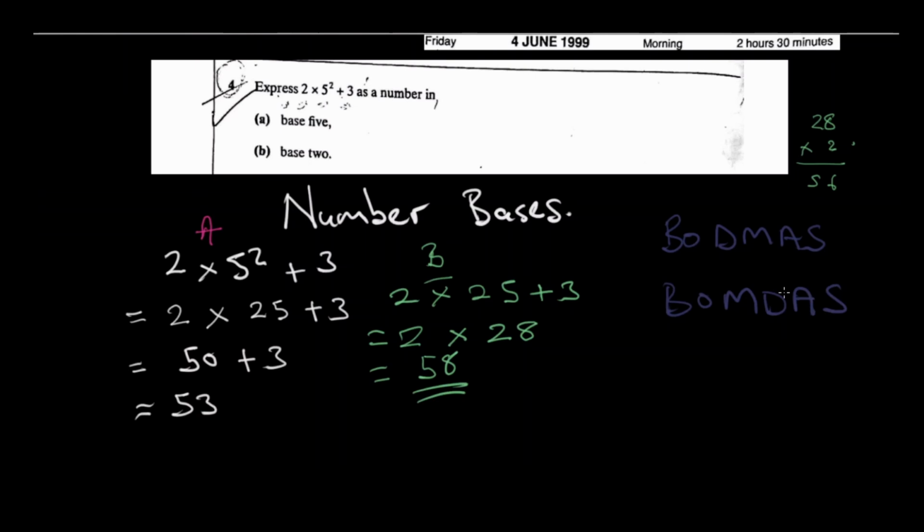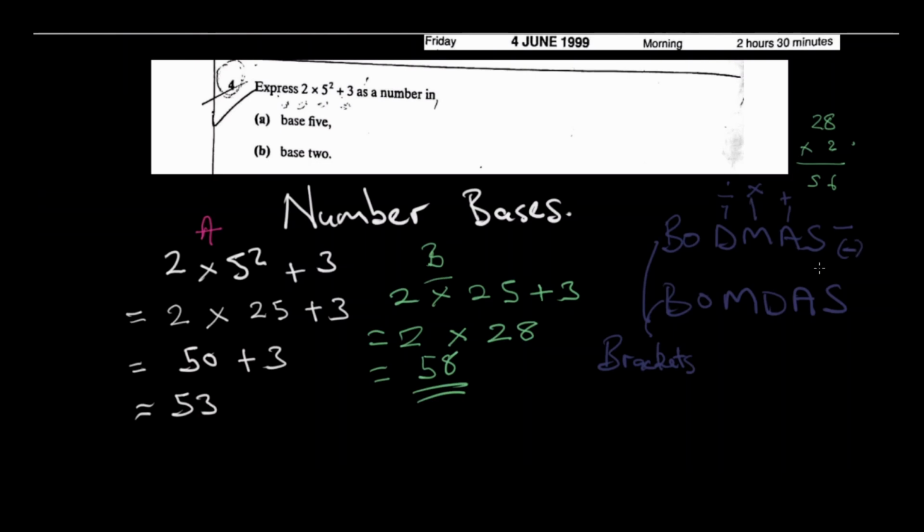Let me give a minor explanation of what these two mnemonics refer to. B refers to brackets, so always deal with brackets first. Then D is division, M is multiplication, A is addition, and S is subtraction.